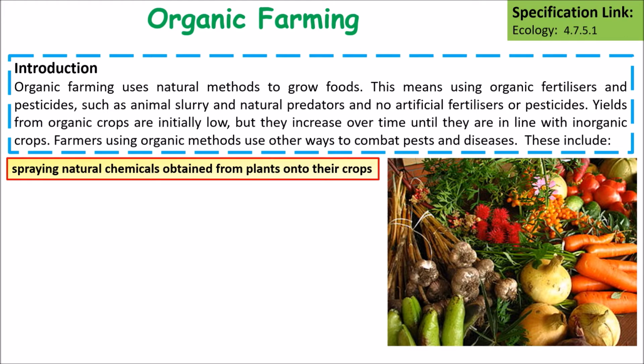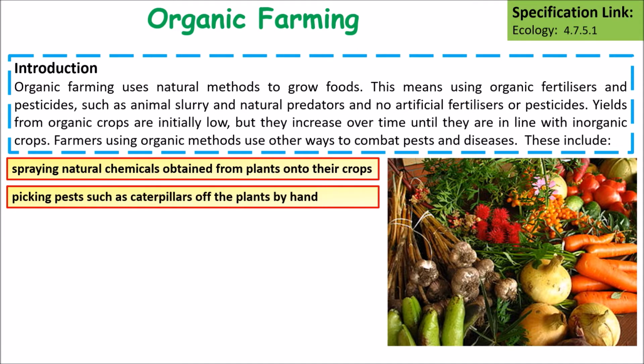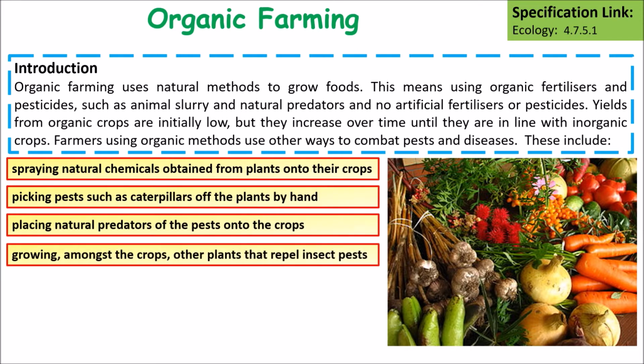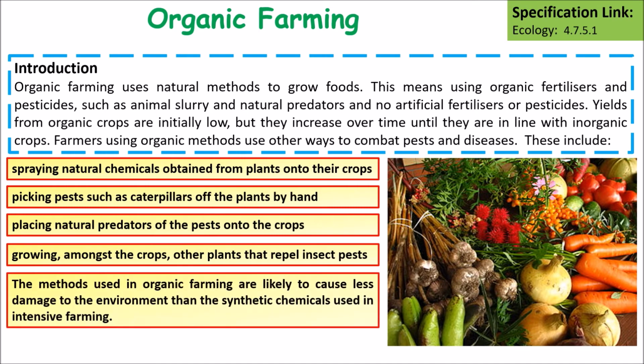So farmers using organic methods use other ways to combat pests and disease. These include spraying natural chemicals obtained from plants onto their crops, picking pests such as caterpillars off their plants by hand, placing natural predators of the pests on the crops, and growing other plants among the crops that repel insects.